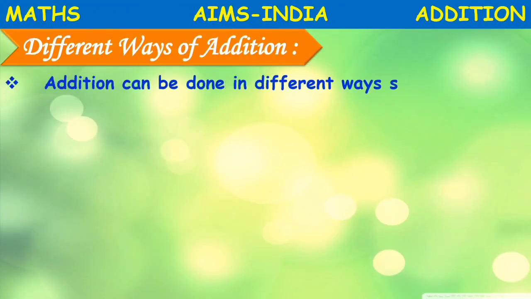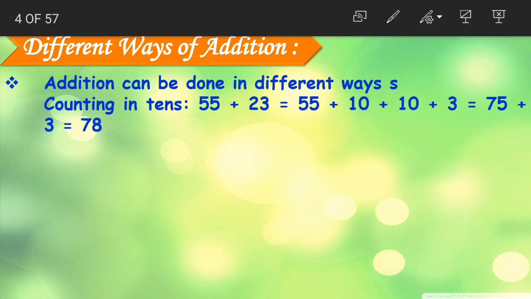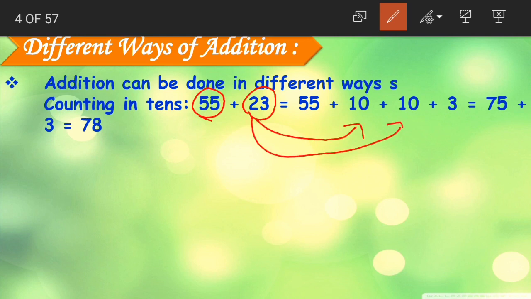Different ways of addition. Addition can be done in different ways. Counting in tens. Here we have two numbers, 55 and 23, right? What we are doing here is, we have split 23 into 10 plus 10 plus 3.